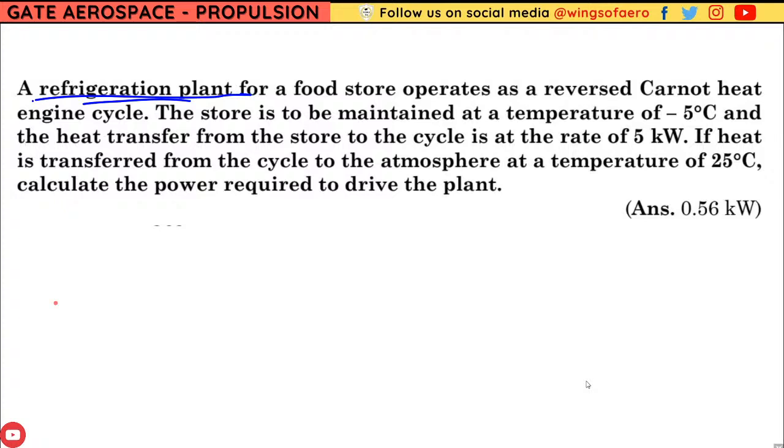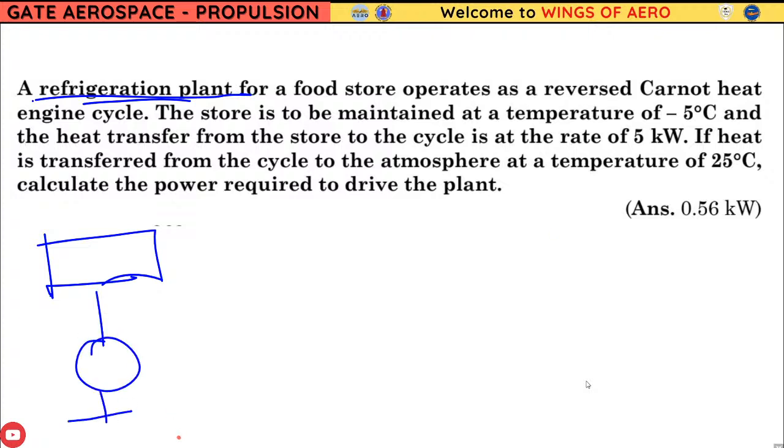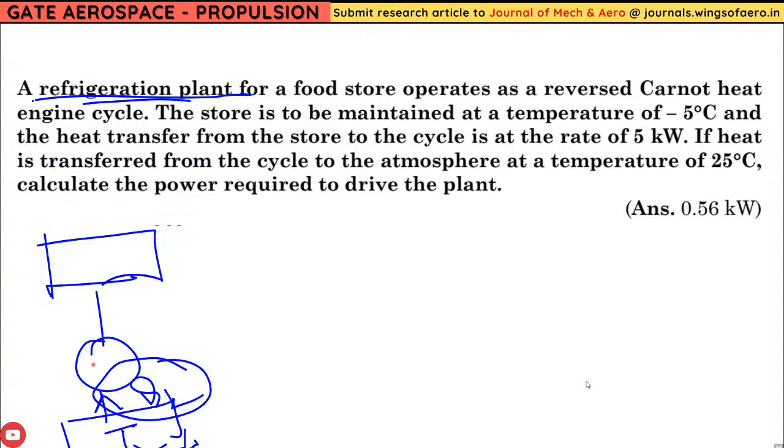Whenever they are giving a refrigerant, first quickly draw a rough sketch of the plant. Here we have the low temperature zone. Here we liberate Q2, that is the desired effect. This is a refrigerating cycle. Here we have T1 or Q1. Since they have given temperatures, I am mentioning T1, T2.